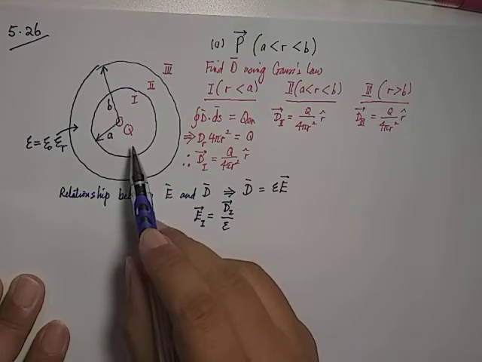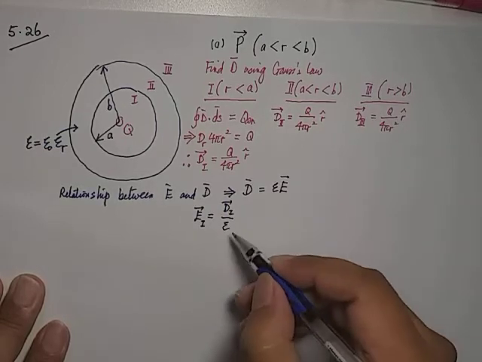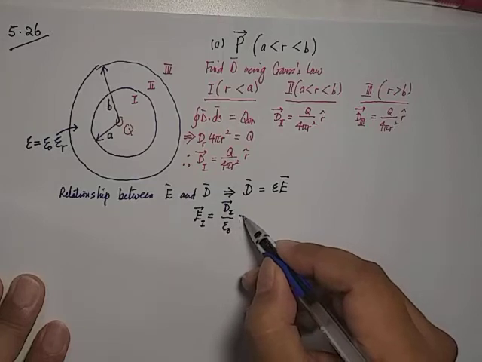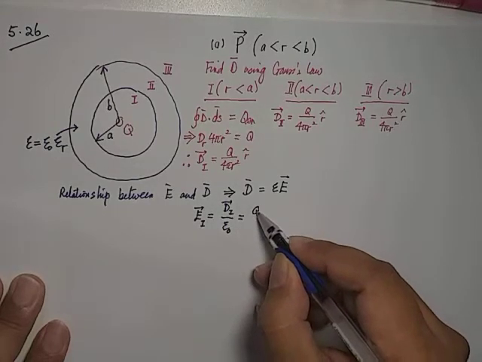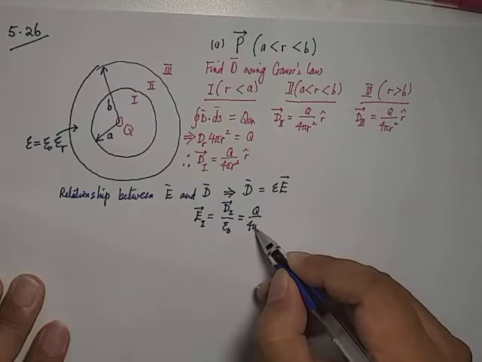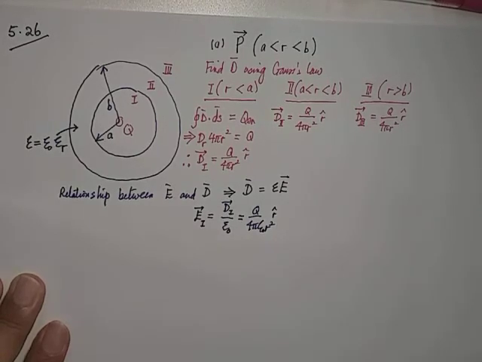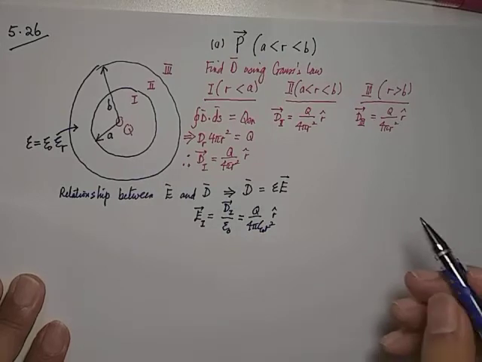As given by the question, it should be free space, therefore it should be epsilon naught. Therefore for region number 1, the solution should be Q divided by 4 pi epsilon naught r squared in the r direction. Okay, how about region number 2?